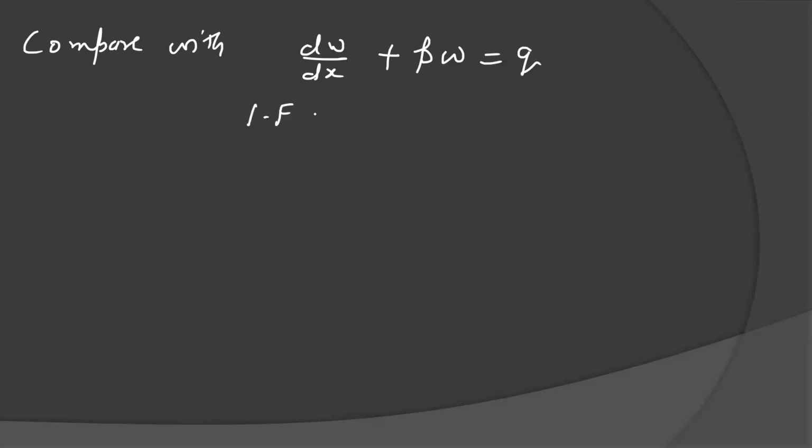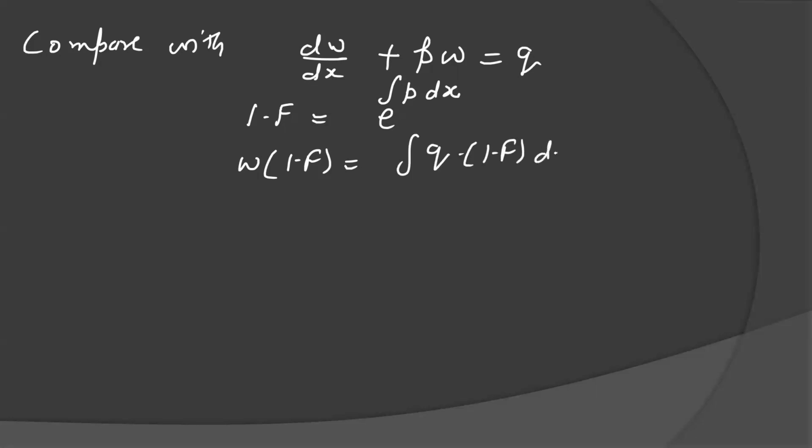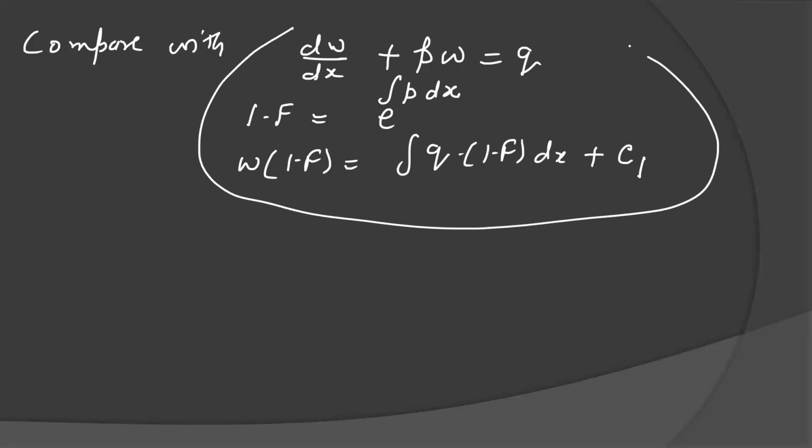This can be solved in two steps: integrating factor e to the power P dx, and solution is given as w into integrating factor is equal to Q into integrating factor dx plus one constant c1. We will add here c1 because this is not a particular integral, this is a complete solution, so we have to add constant. I hope you know how to solve this type of differential equation. It was in class 10 plus 2.